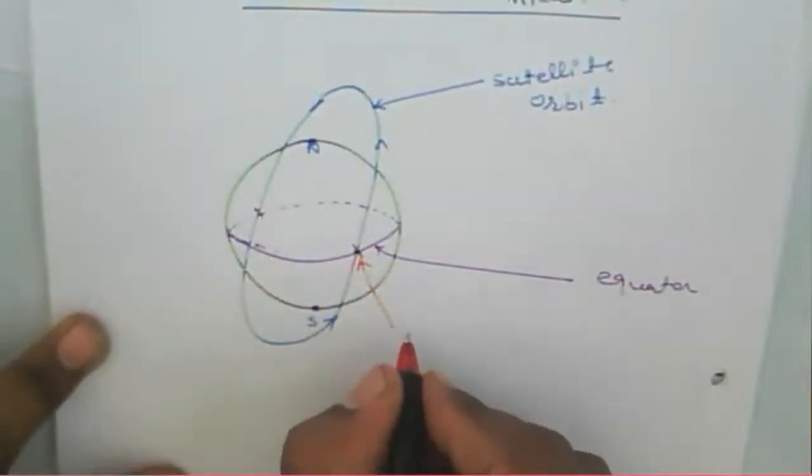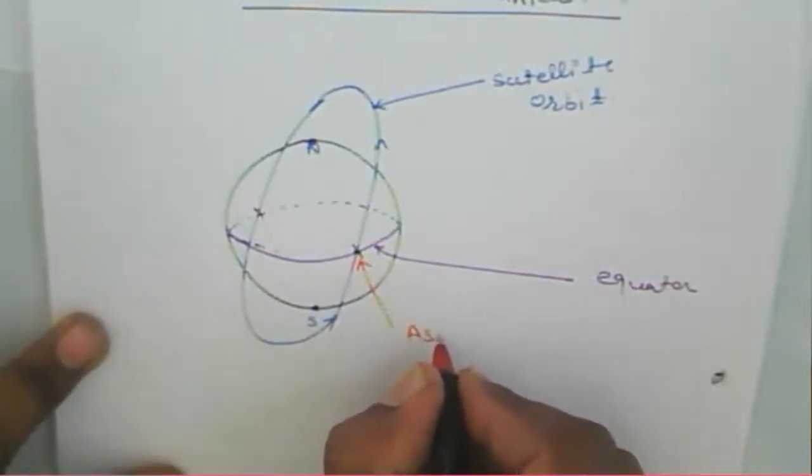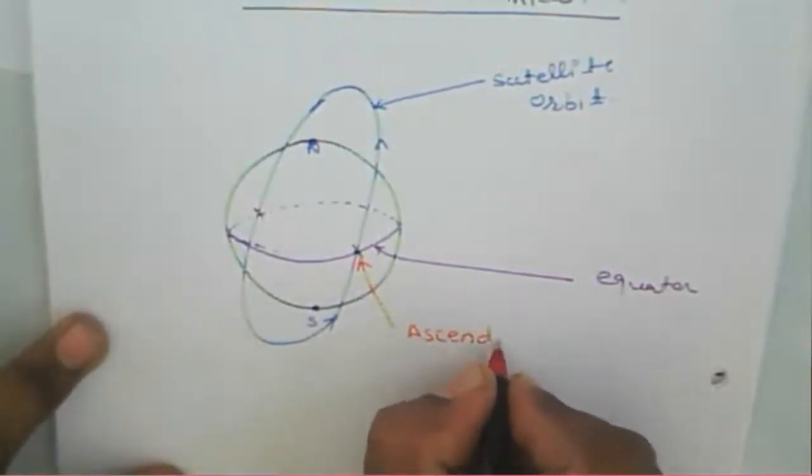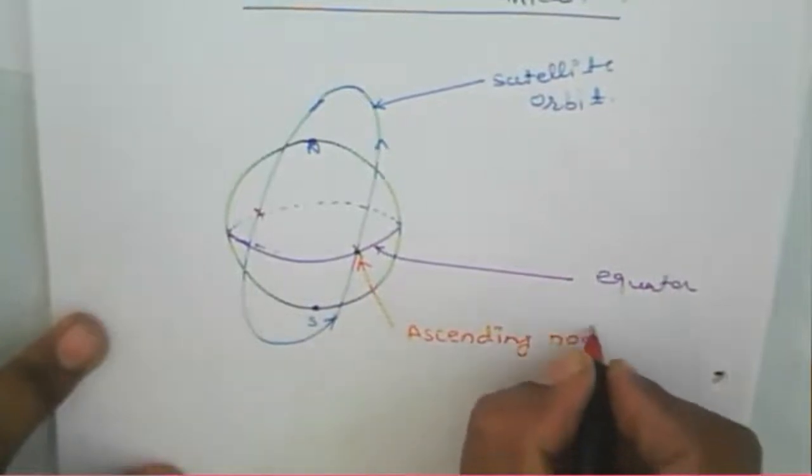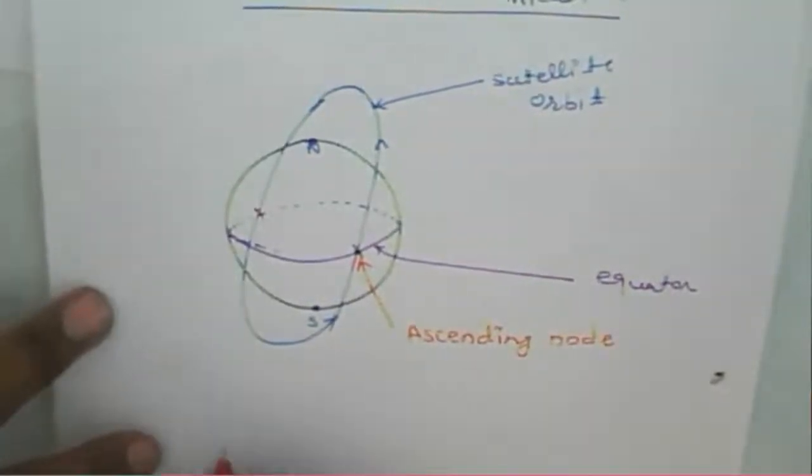This particular point is called the ascending node.